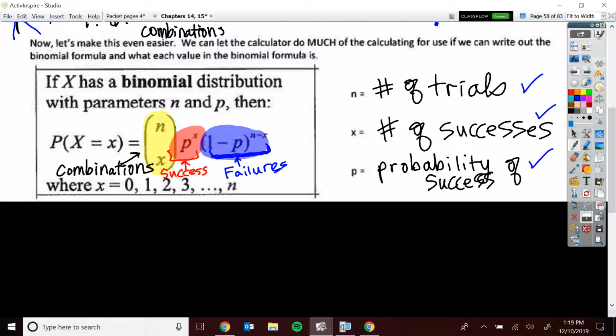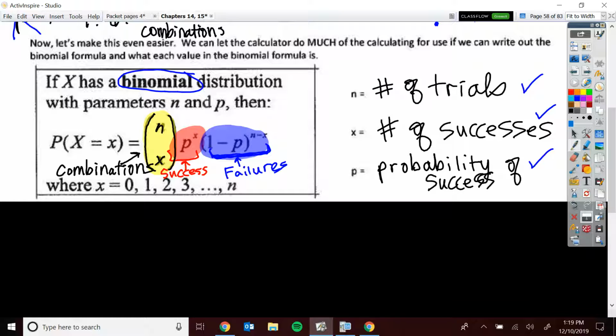So let's look at this formula here for binomial distributions. This is exactly how it shows on the formula chart. You will write the probability of what you're finding. And then this parentheses thing here is your N choose X successes. What I have highlighted in yellow is the notation for combinations.